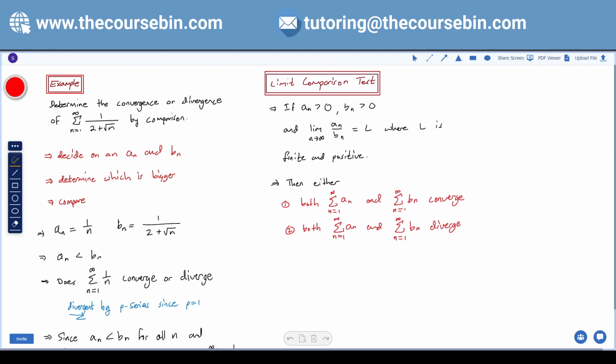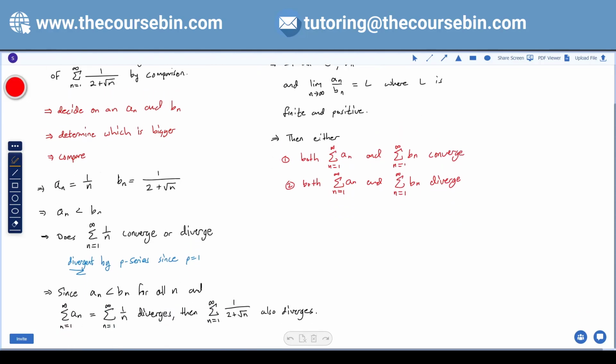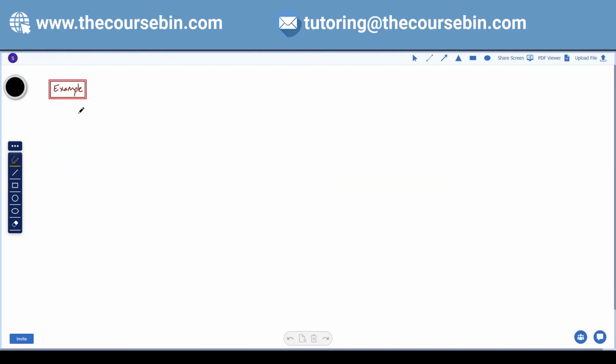No, it's just another way of looking at it. It's a perspective of looking at it by taking limits. Right, so in the direct comparison test, you're actually comparing it to another series, but here you're taking the ratio between the terms and you're taking that limit as n goes to infinity.